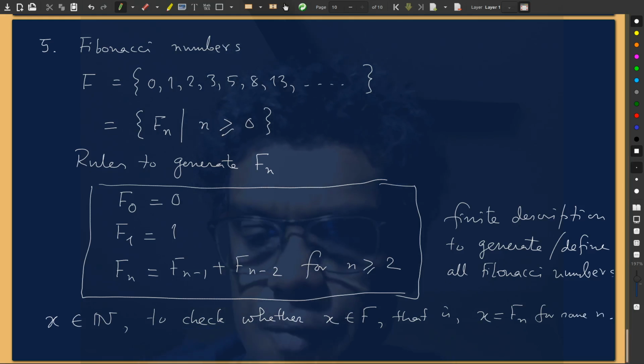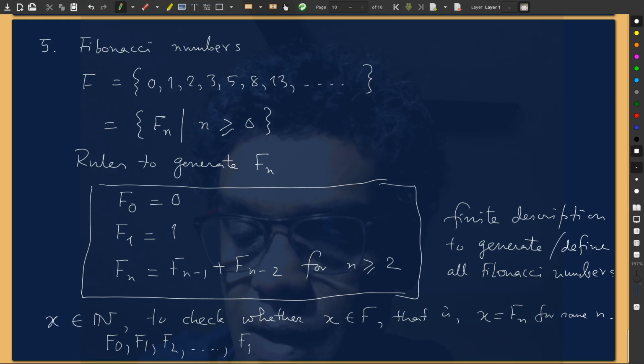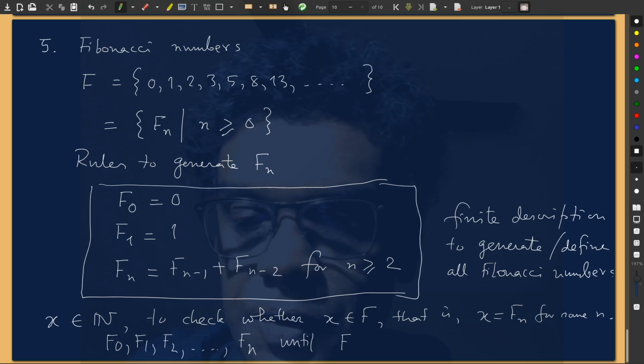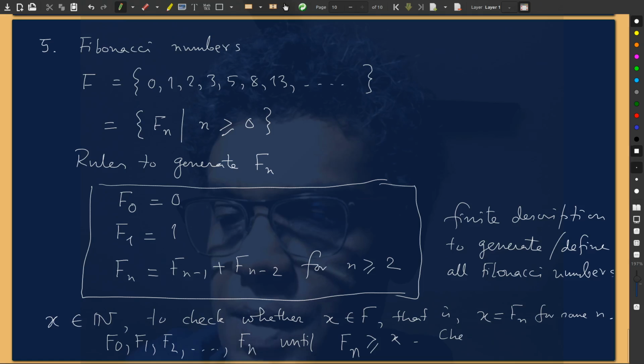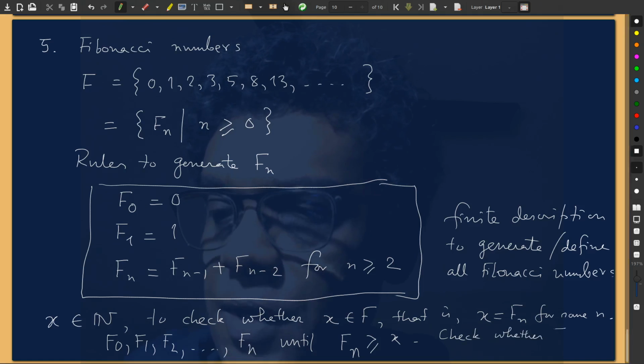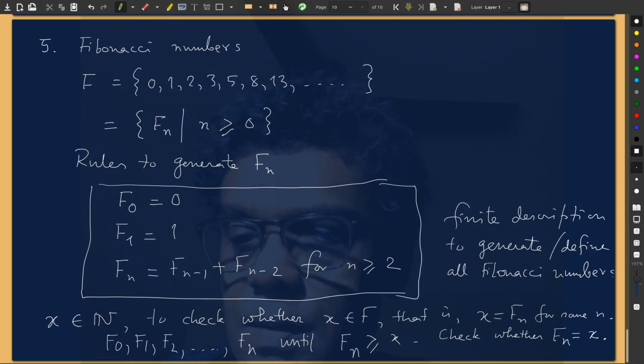So one possible way of doing it: keep on generating F_0, F_1, F_2, up to F_n, you know, this is basically an increasing sequence. I did not say this is the most efficient way of doing it, but this is definitely an algorithm.